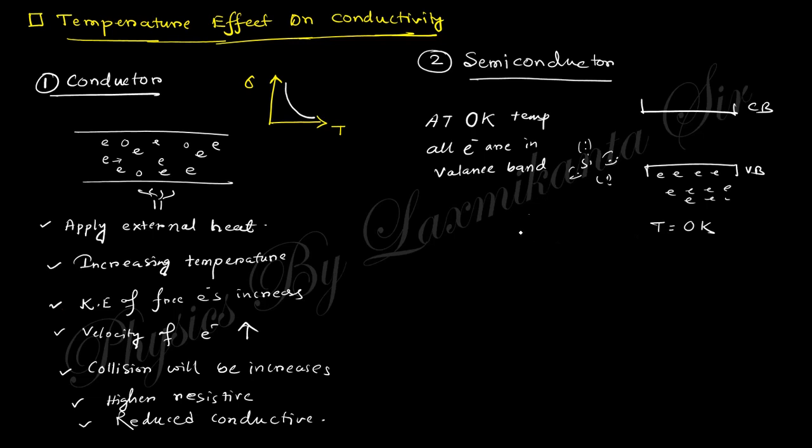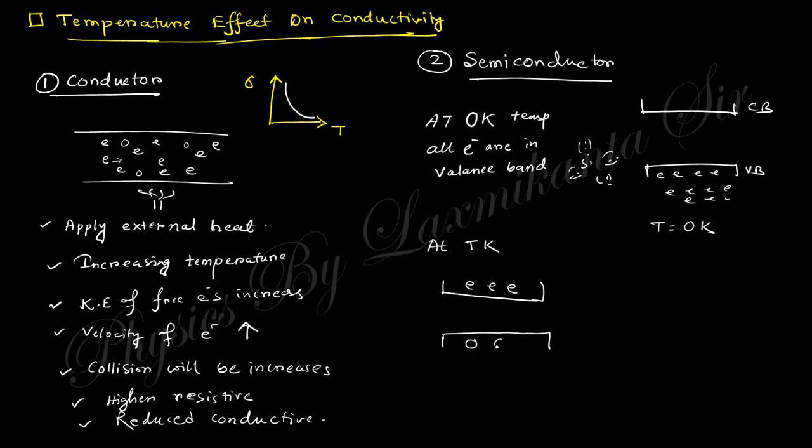Now if you increase the temperature, what happens at T Kelvin temperature? At higher temperature, some electrons are ejected from the valence band. Suppose three electrons jump to the conduction band due to the temperature increase.